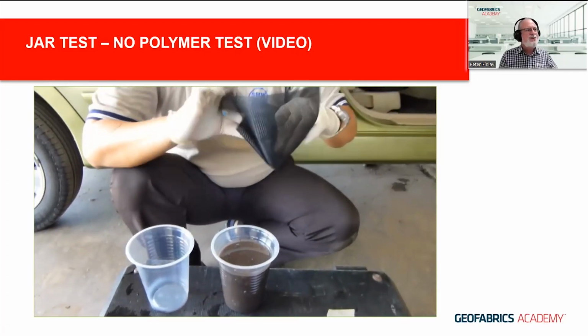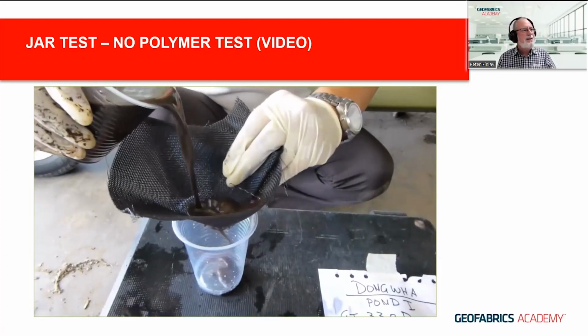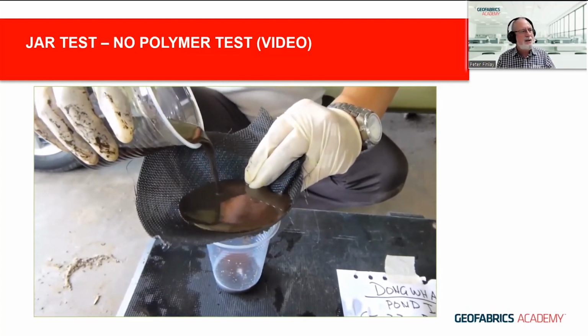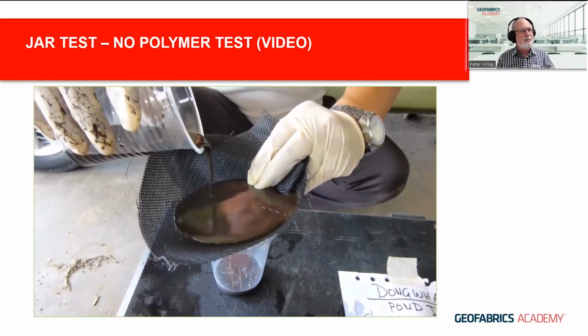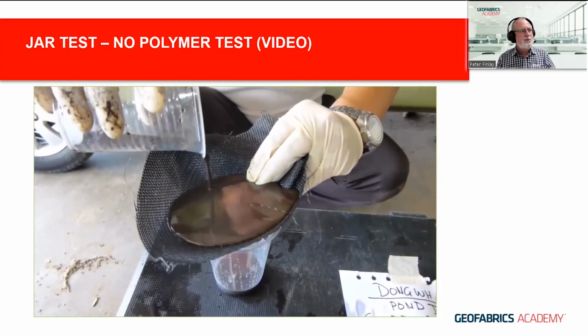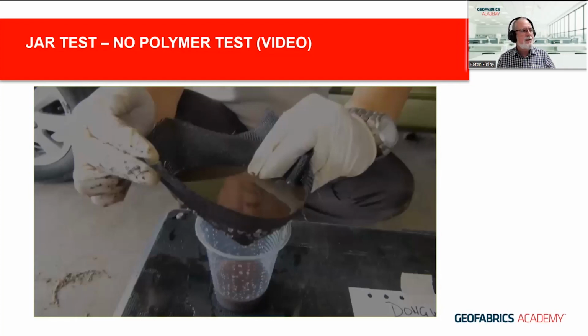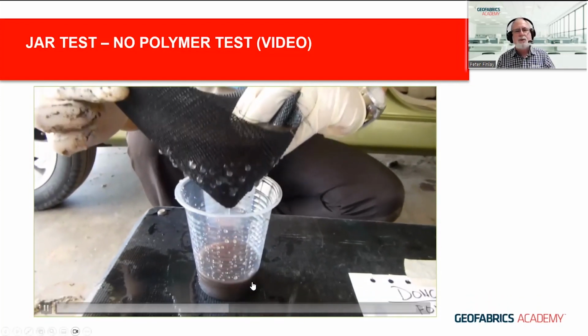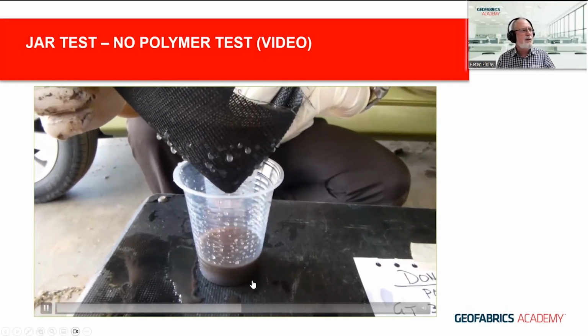So this first question of can you put the sludge through there without chemical treatment? And as you'll see, some things straight away. Firstly, a lot of fines travel straight through the fabric.